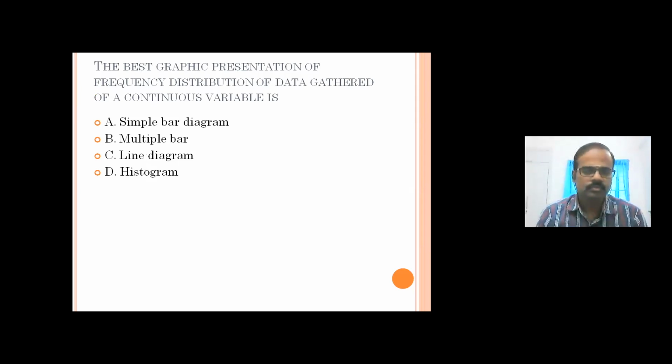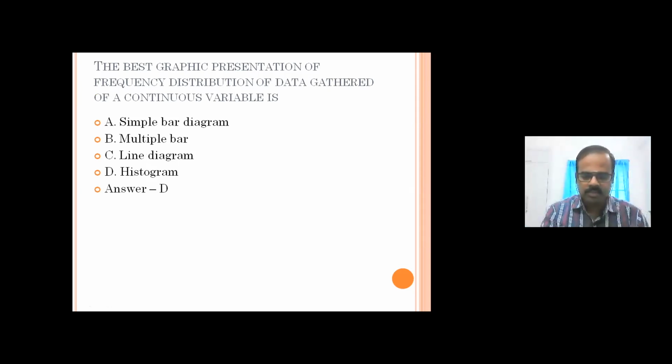Raghu. The best graphic presentation of frequency distribution of data gathered on a continuous variable. Continuous variable means it will be histogram, sir. Absolutely. Very good. This is what is called a histogram. The class intervals are continuous and the data is also a continuous variable.